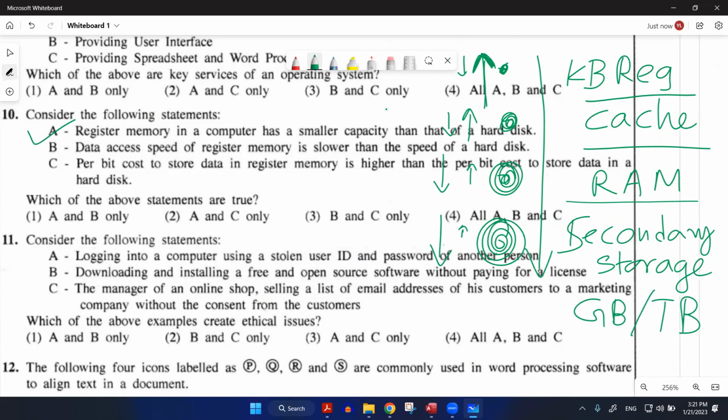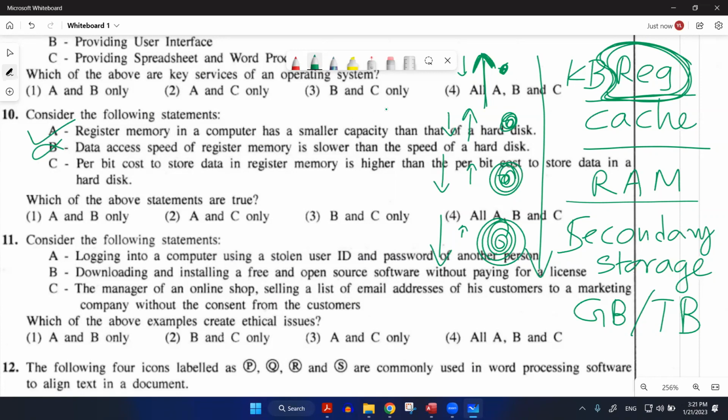The data access speed of a register memory is slower than the speed of a hard disk. No, that is wrong. The highest data access speed is for the registers. It is the fastest memory that we can find. And secondary storage comparatively is the slowest one.